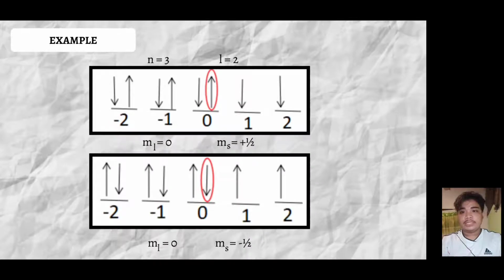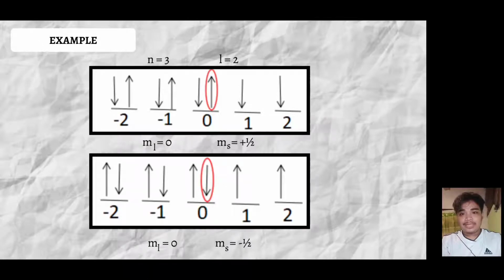An example is the 3d 8th electron, which has an n of 3 and an l of 2, which results in having 5 values of m sub l, which are negative 2, negative 1, 0, 1, and 2. So, to draw the 8th electron, I first draw 5 downward or downspin electrons, then added 3 upspin electrons.